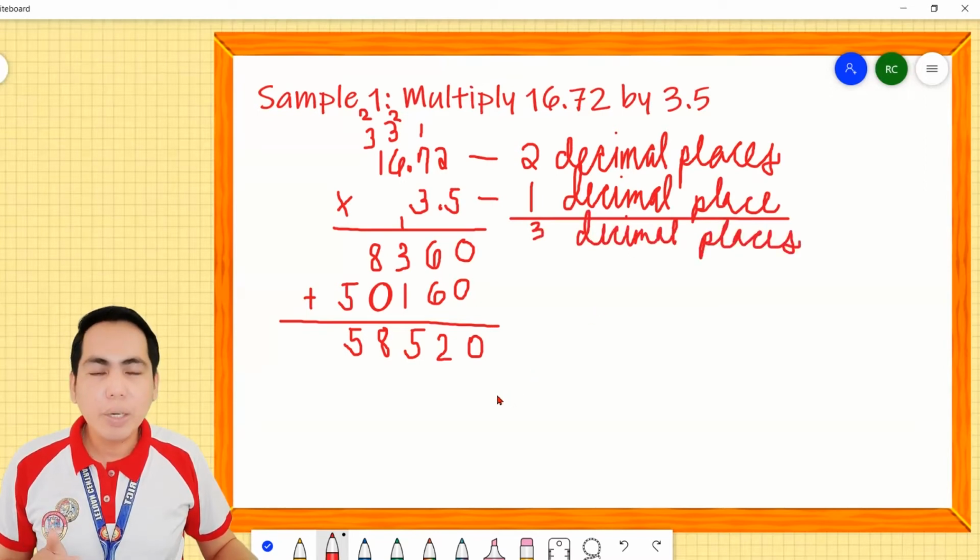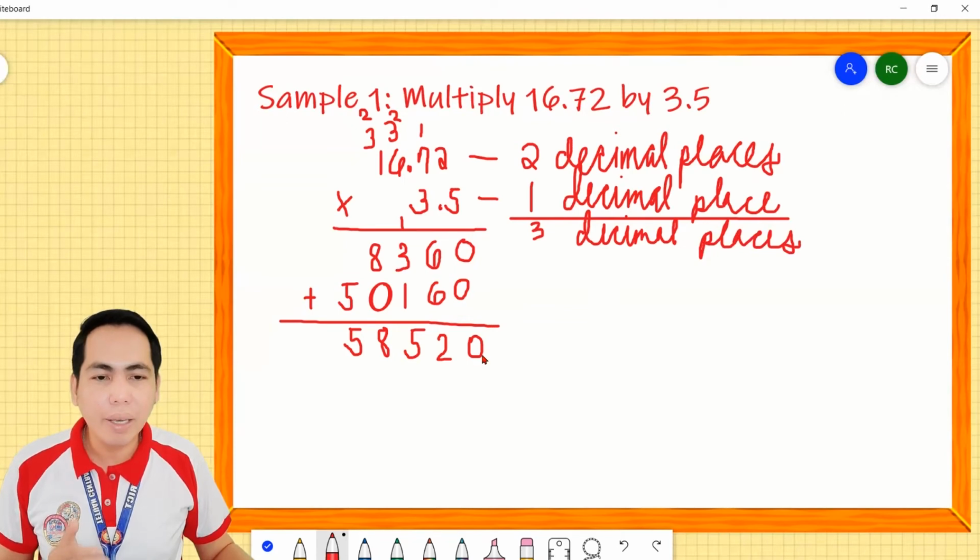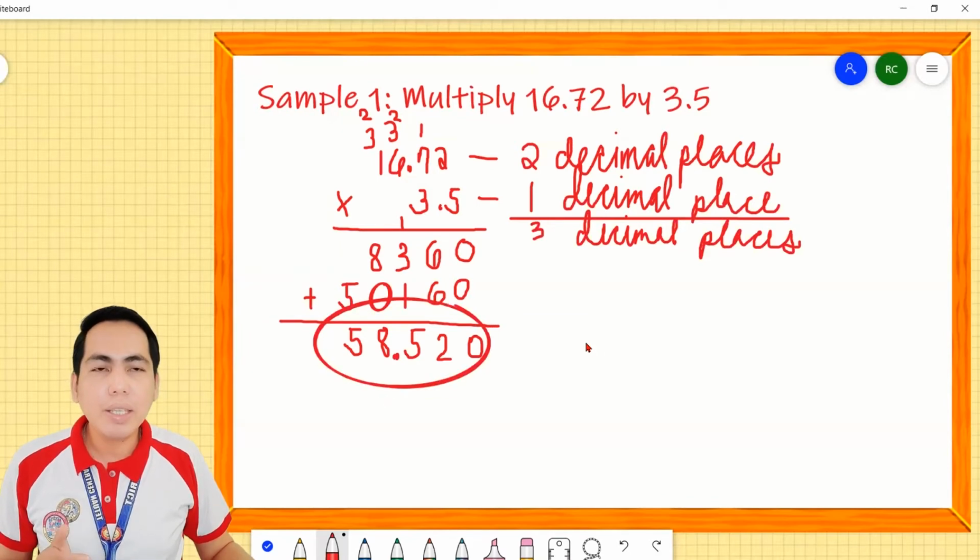So in other words, we have to make also 3 decimal places in our product. So we have to start counting from the right, 1, 2, 3, and then our decimal point. So therefore, the product of 16 and 72 hundredths and 3 and 5 tenths is 58 and 520 thousandths.